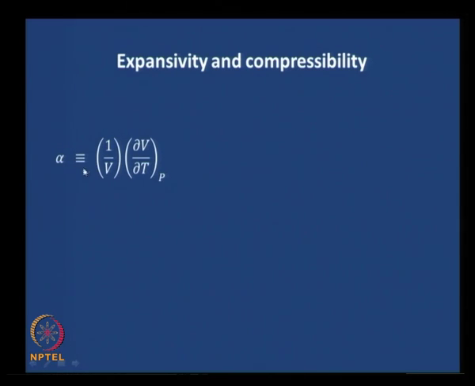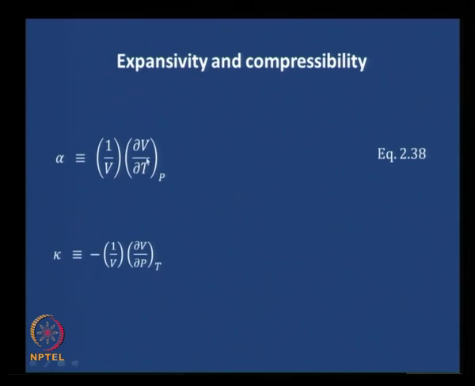Expansivity is defined as 1/V ∂V/∂T at constant P. That is the definition of alpha, the variation of volume with temperature at constant pressure, normalized with respect to the specific volume itself. Let us call that equation 238.